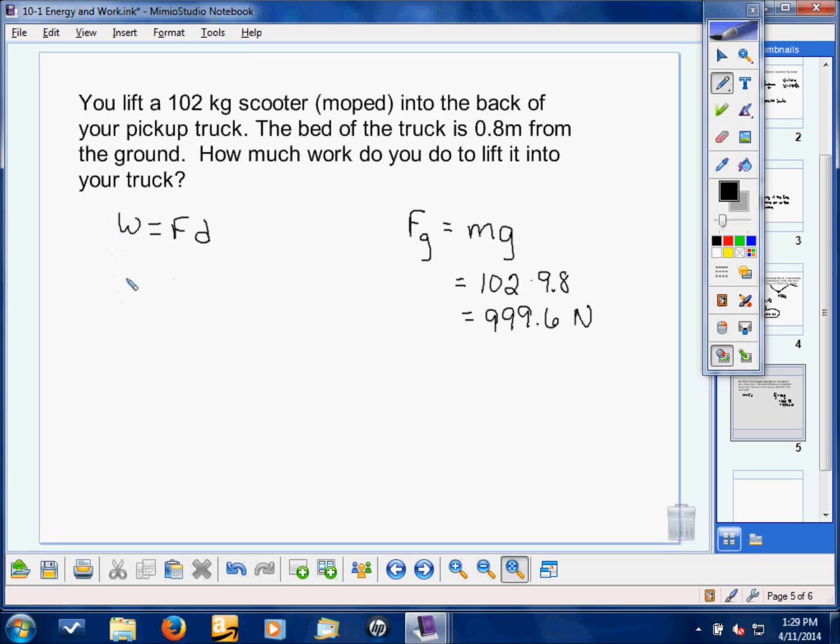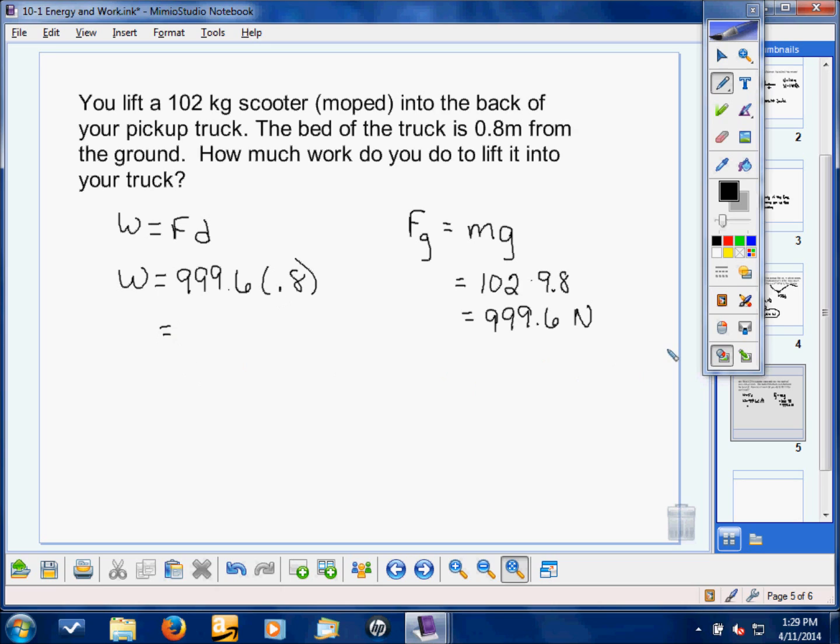So now we can use this equation. Work equals the force that we need, which is 999.6, and the distance that it was lifted, which is 0.8.